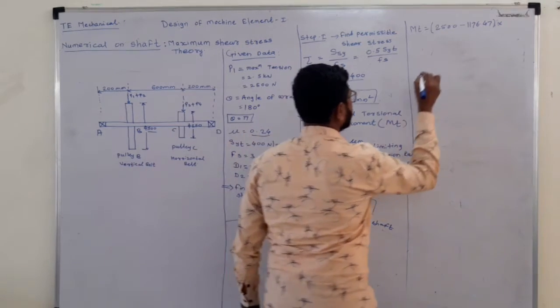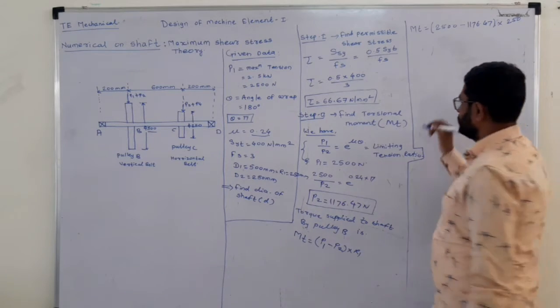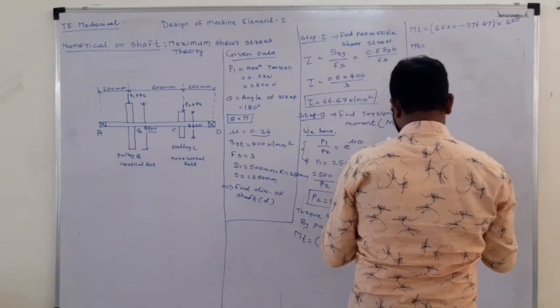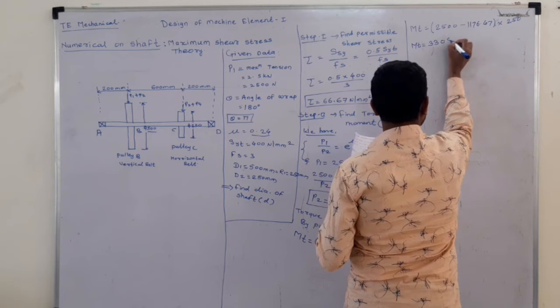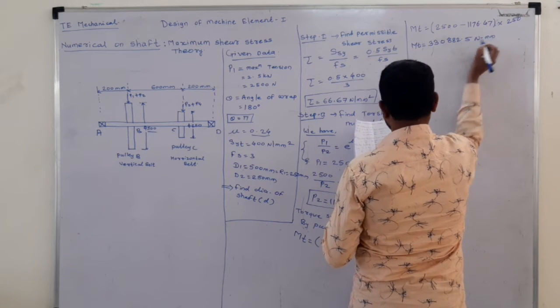So we take 250 as the radius R1. By calculation, we get the torsional moment as 330,882.5 Newton mm.